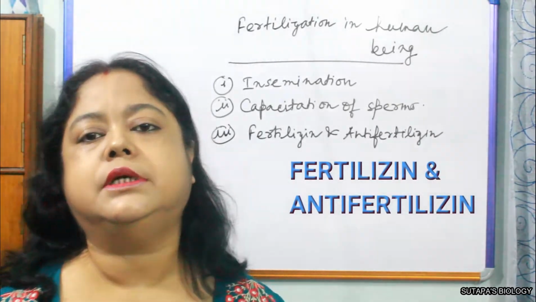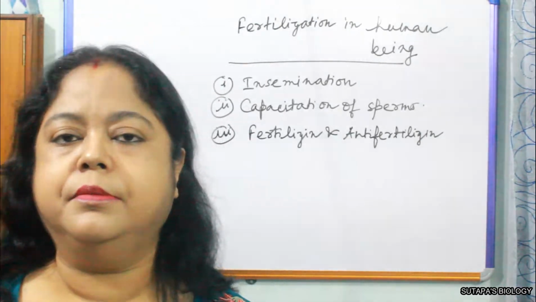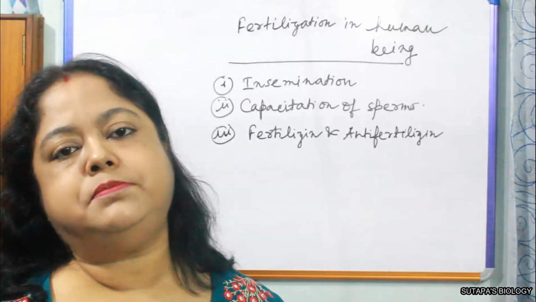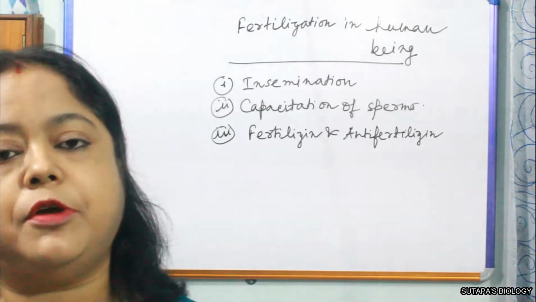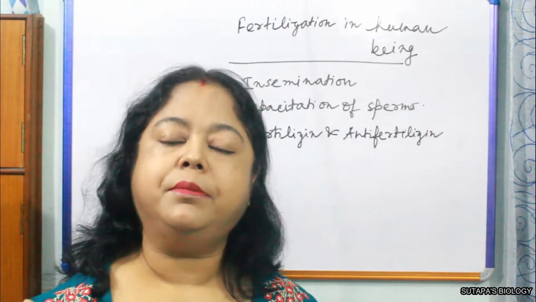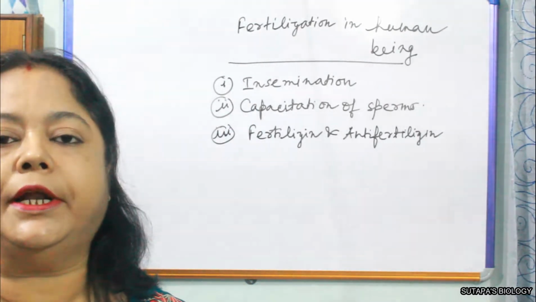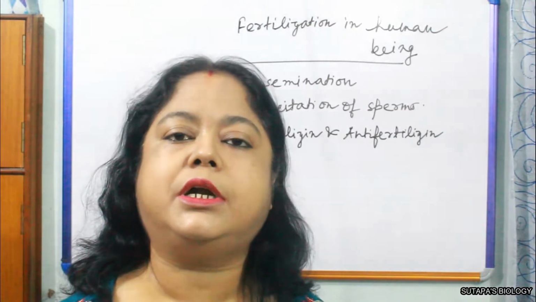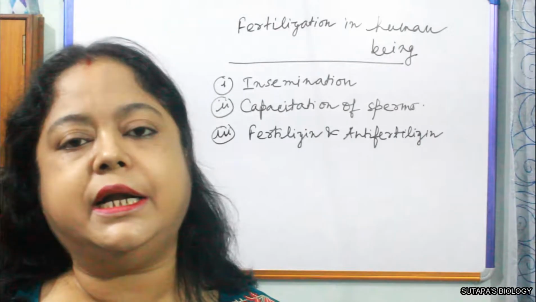These are protein factors which are present on the ovum and sperm. On the ovum, the fertilizin will be secreted, and from the sperm the anti-fertilizin will be secreted, and this fertilizin and anti-fertilizin have a reaction or interaction like the antigen and antibody.